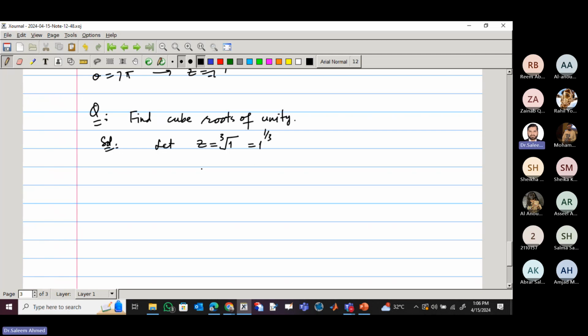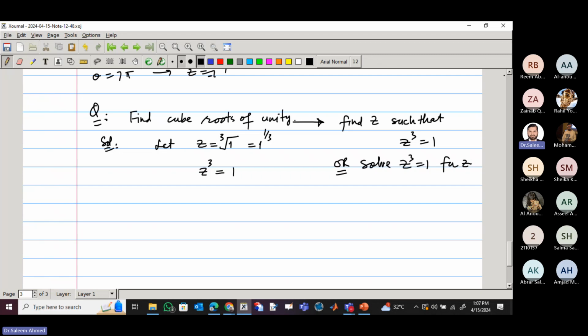So if I take 3 powers on both sides, it is z cube is equal to 1. So basically, finding cube root of unity means find z such that z cube is equal to 1. Or we can say solve z cube equal to 1 for z, right? So this is what we are looking for.